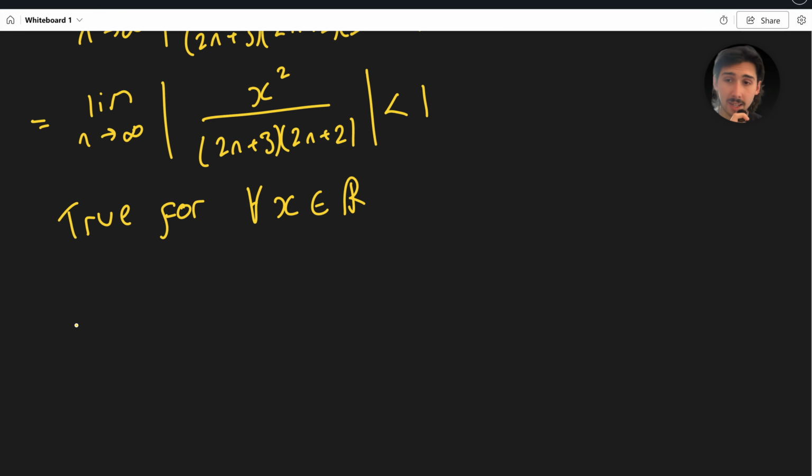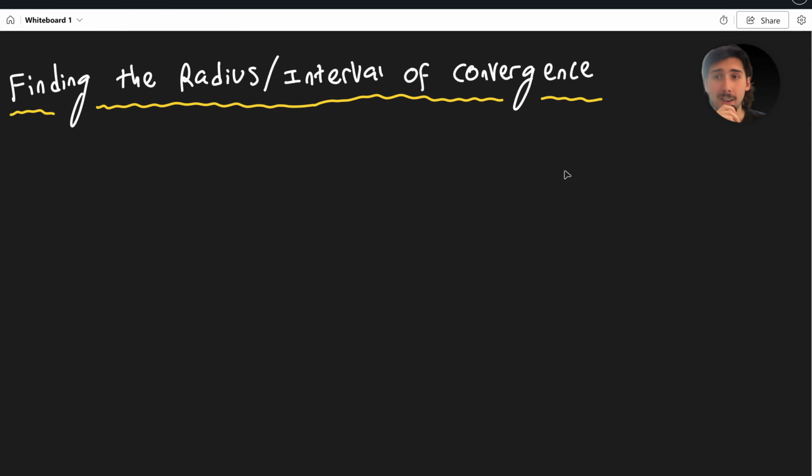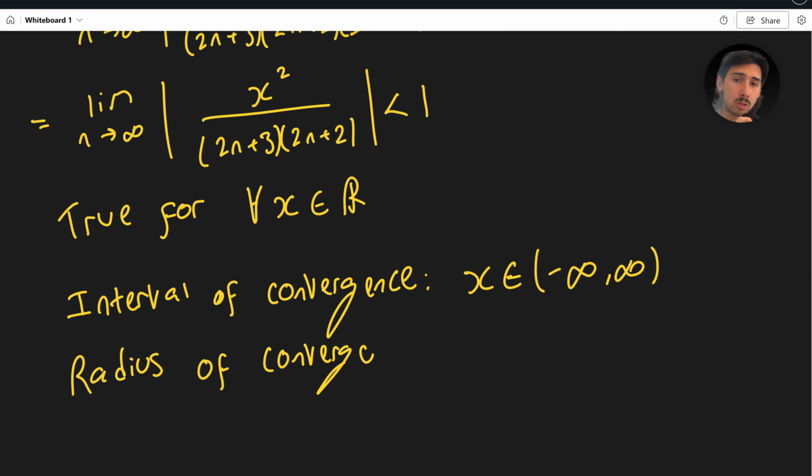Well, just like with e to the x in the last video, the interval of convergence is just going to be that x is between minus infinity and positive infinity. The radius of convergence is a number, it's not an interval, and we use the letter capital R, and R is equal to infinity.